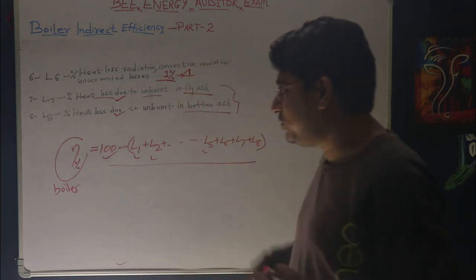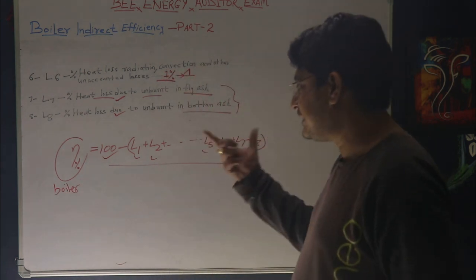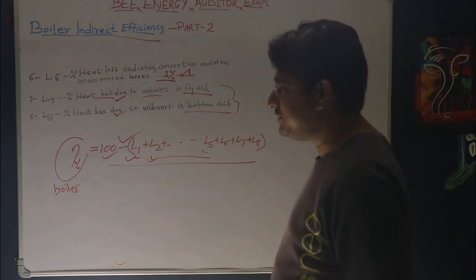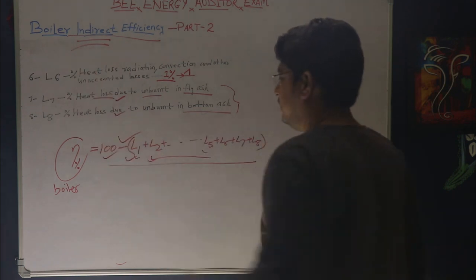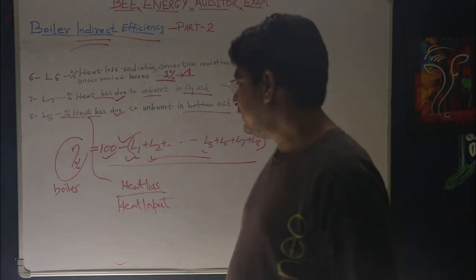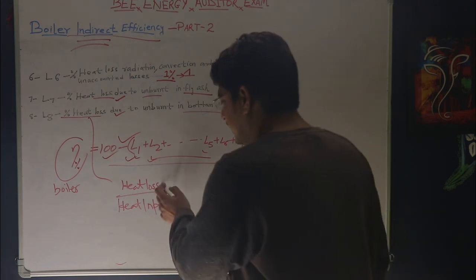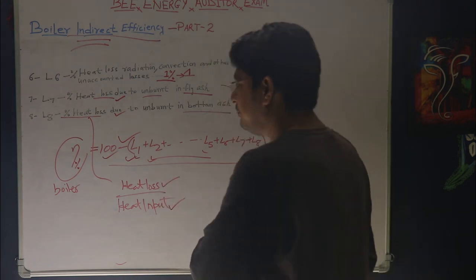So the calculation of boiler efficiency using this concept is what is called calculation of boiler efficiency using the indirect method. Now again I want to remind you that percentage heat loss is nothing but the heat loss divided by heat input.